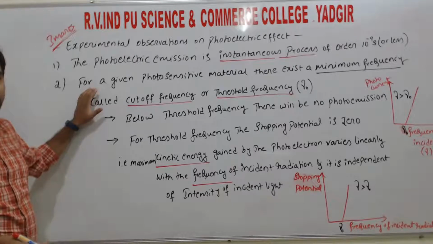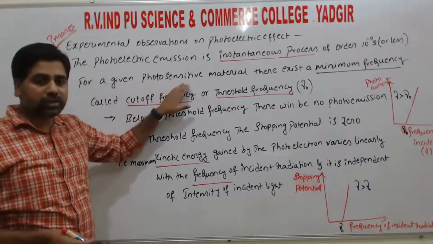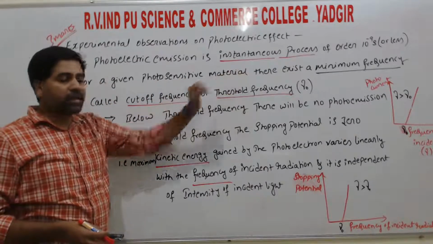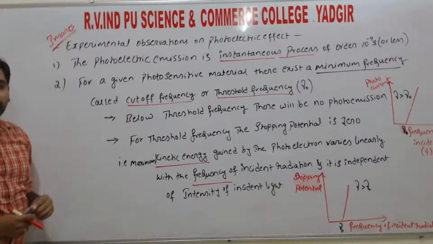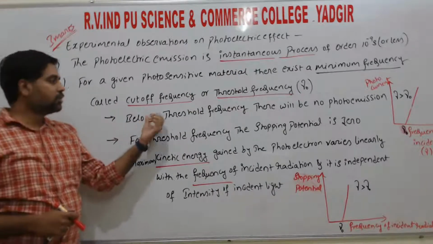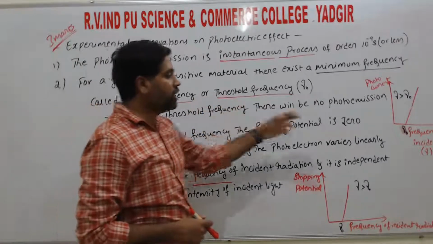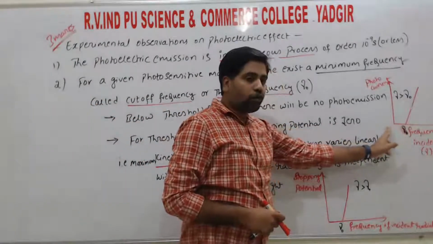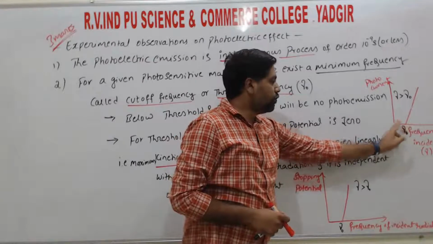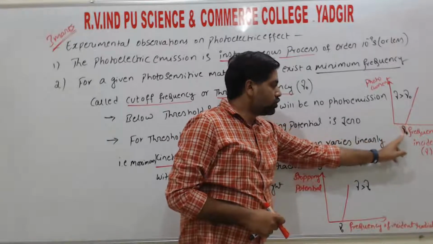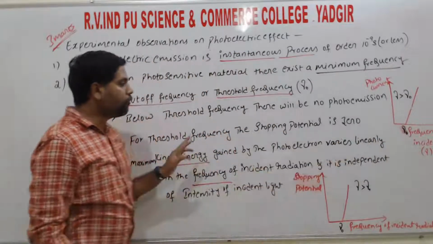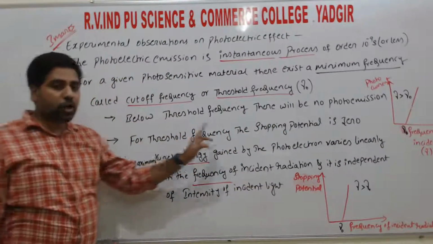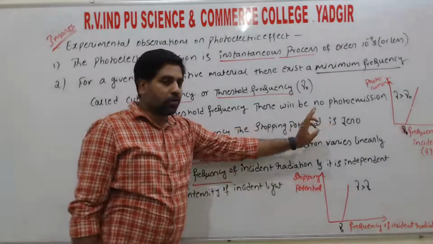The second one is for a given photosensitive material there exists a minimum frequency called cutoff frequency or threshold frequency. Below the threshold frequency there will be no photo emission, and at the threshold frequency, the stopping potential is 0.